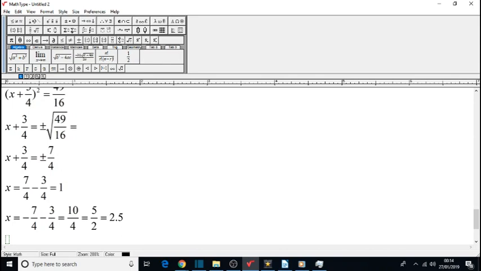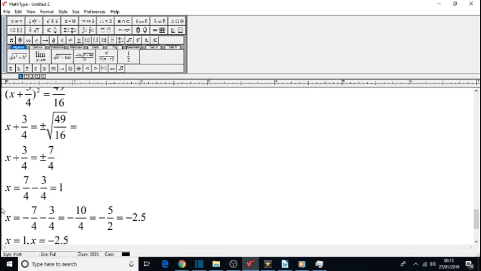So therefore your x values are, let's not forget, minus 2.5. So x is equal to 1 and x is equal to minus 2.5.